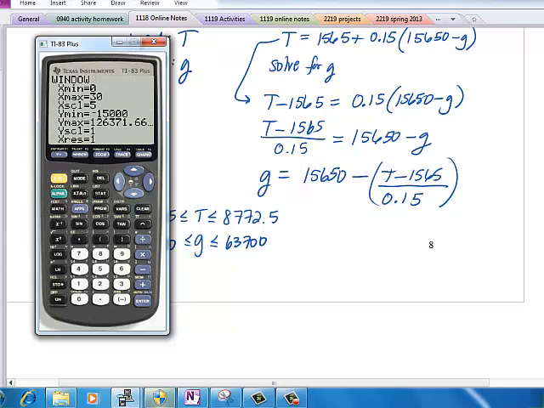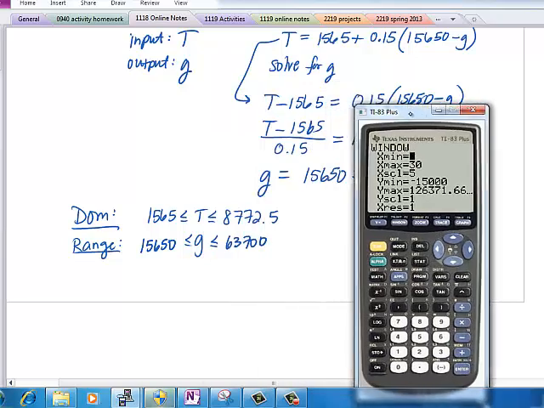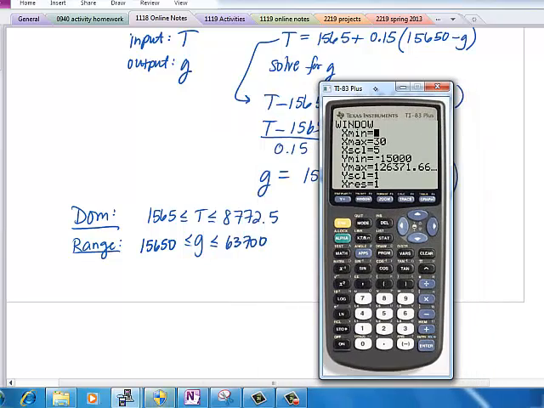And I'll change the window so that it's 0 to 70,000 for both, so that we can see everything we need to see, I think.